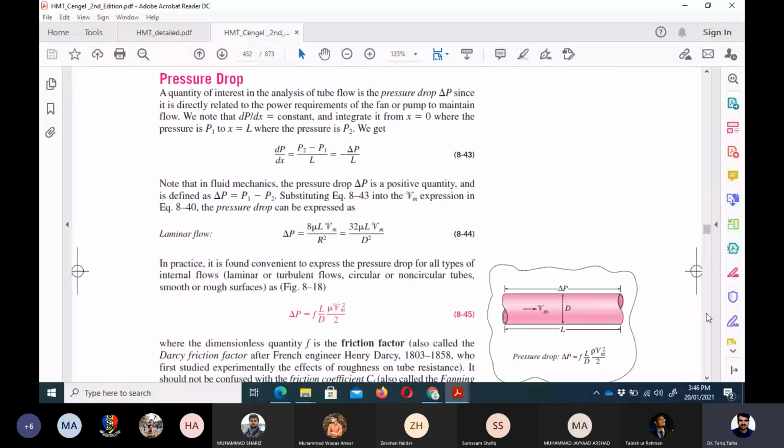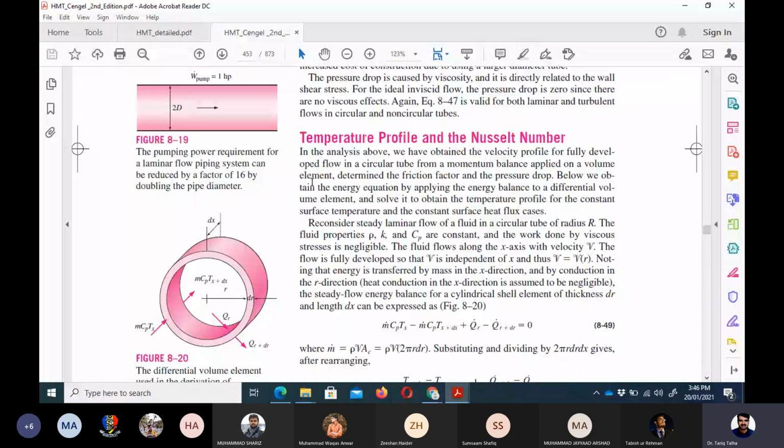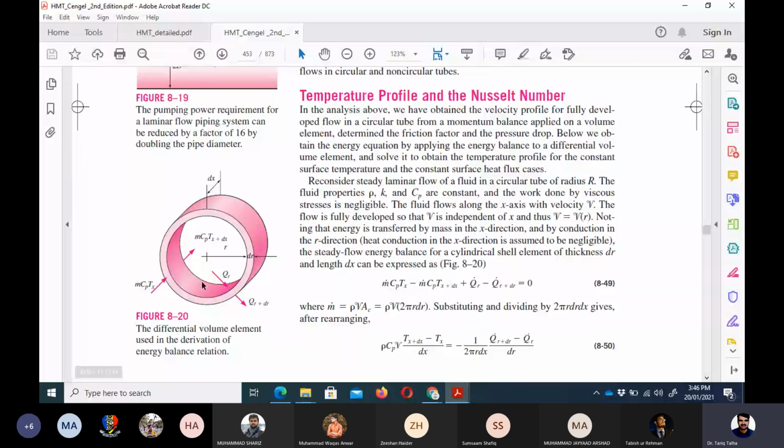In order to determine the Nusselt number profile, we again do the differential analysis. If you look at this figure, we have a circular disc type differential element whose thickness is dx. The energy coming into this element is m dot Cp Ti, and the energy going out is m dot Cp T at x plus dx.